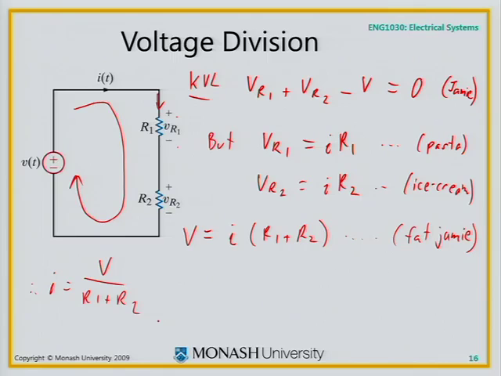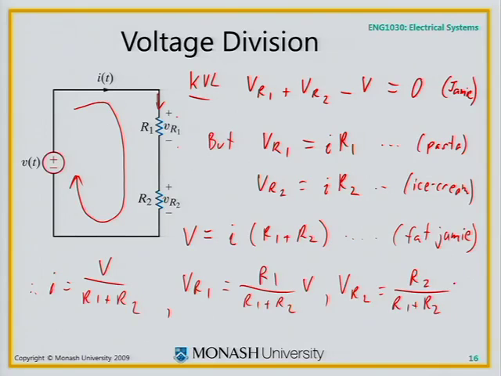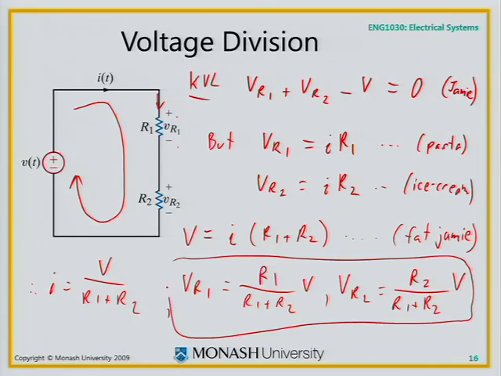I can substitute that back into pasta and Jamie and say that VR1 is R1 on R1 plus R2 times V, and the voltage across resistor 2 is R2 on the sum of R1 and R2 times V. Those two equations, sometimes just called voltage division, tell us how the voltage V splits between the voltage drops on the two resistors, just as you told me you would expect.